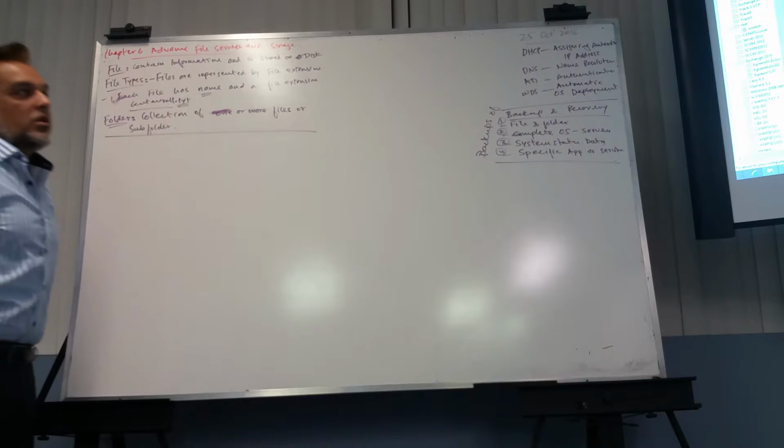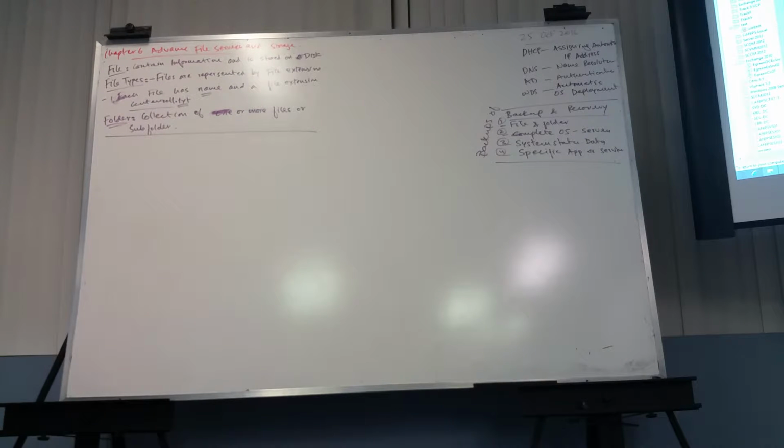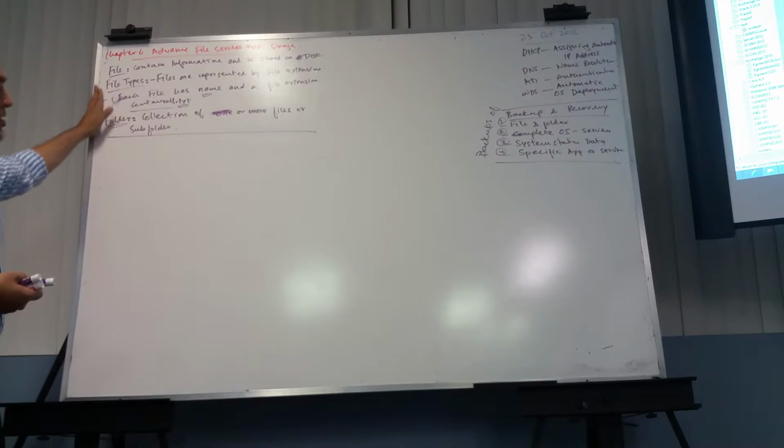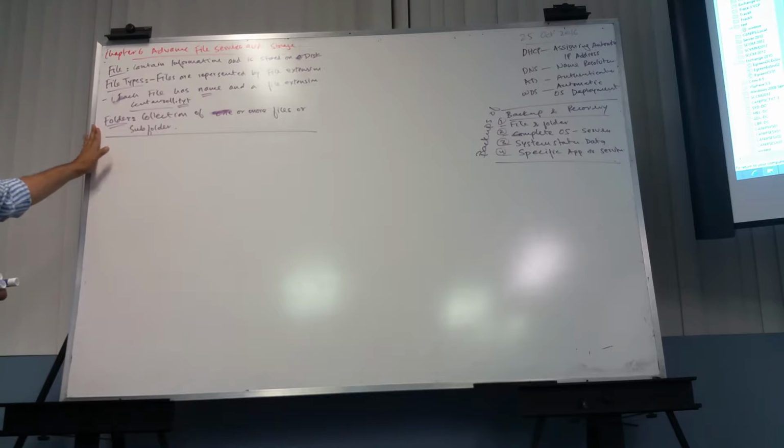So a folder is a collection of one or more files or folders. It is represented by this yellow icon here. So we do understand now that in a computer there are just files and folders.